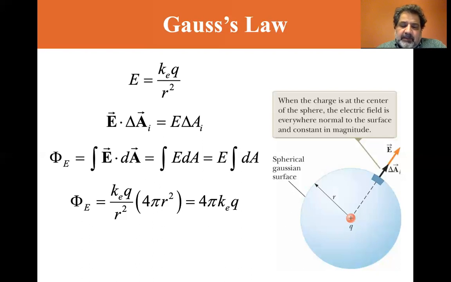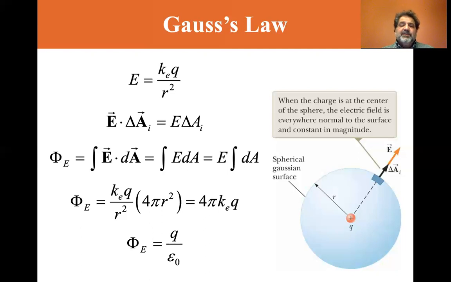So if KE is equal to 1 over 4 pi epsilon 0, you substitute that in, the 4 pi's cancel, and all you're left with is the electric flux is Q divided by epsilon 0. That's saying that the flux is equal to the charge inside divided by epsilon 0, and that's the electric flux coming out of the sphere.